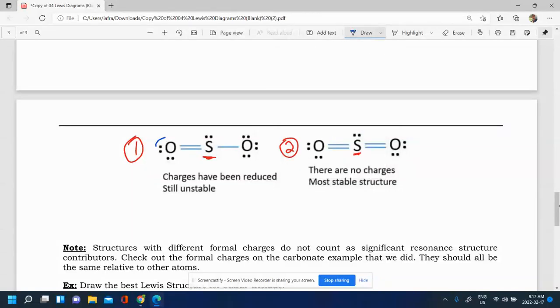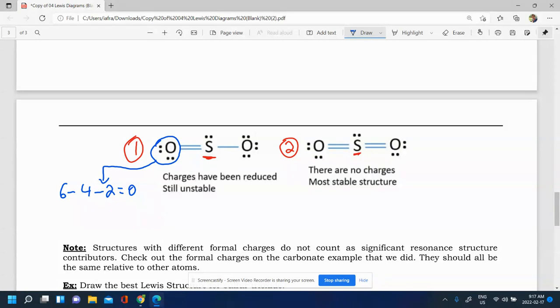Let's calculate the formal charges for the oxygen over here. Oxygen would normally have 6 valence electrons, minus the number of non-bonded electrons, which is 4, minus the number of lines connected to it, 2. That gives us 0 formal charge.